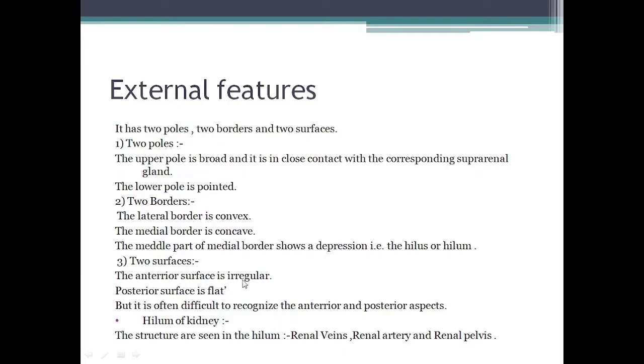The anterior surface is irregular and the posterior surface is flat, but it is often difficult to recognize the anterior and posterior aspects. Hilum of kidney: the structures seen in the hilum are the renal vein, renal artery and renal pelvis. This is about the external features of the kidneys.